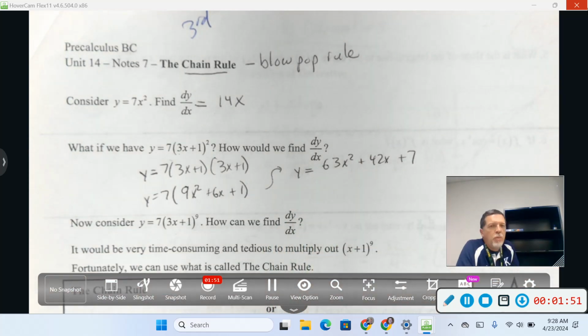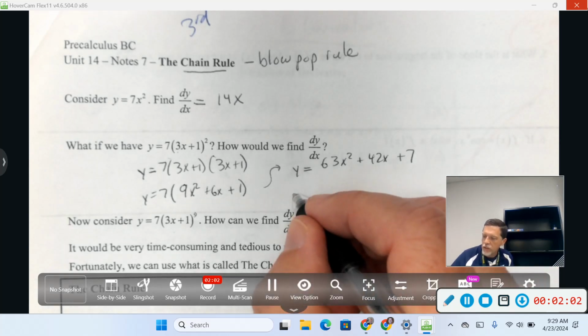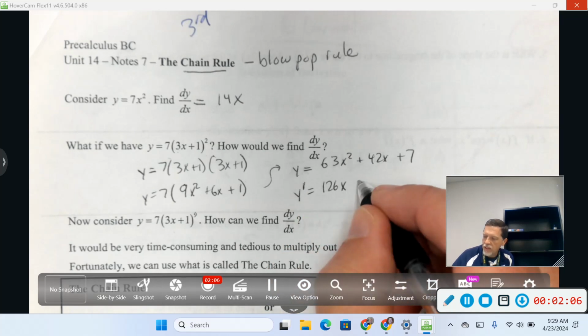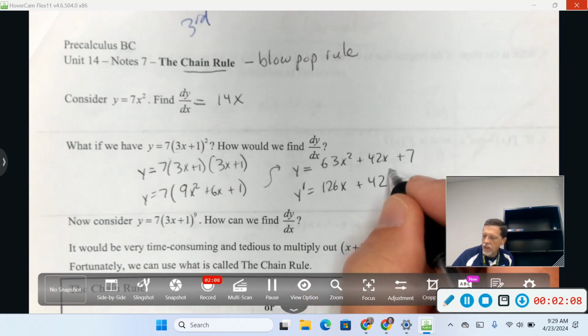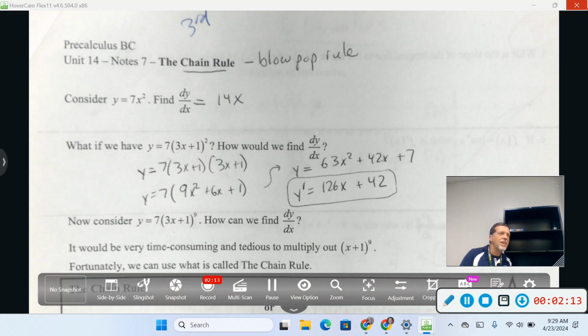And so that was algebra stuff there. But now we have 3 terms that are easy to take the derivative of, right? We can use the power rule on each of those 3 terms. So 126x plus 42, and the 7 would go away. So that wasn't terrible. It wasn't particularly fun having to FOIL that out, but it wasn't awful.